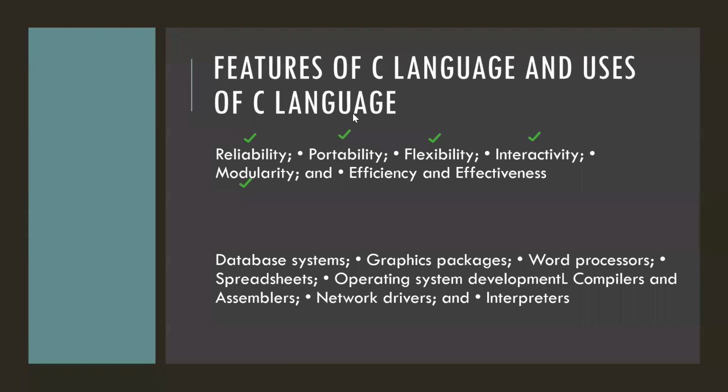For modularity, as you all know, there are programs in C or subprograms called subroutines, small programs that are enabling C programs to also provide different opportunities to use modules. So you can call functions using the feature of modularity.